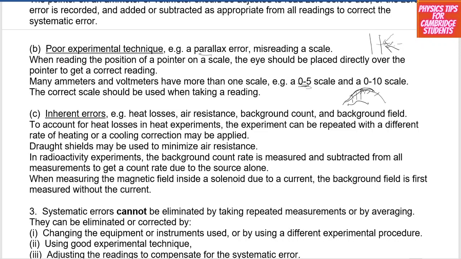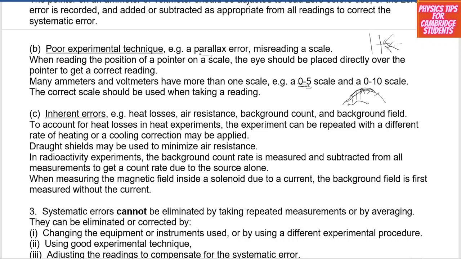So that is a systematic error. Also air resistance. You're performing an experiment where there's air resistance. That air resistance is a constant for that particular environment. That also is a systematic error. Also remember, when you're dealing with atomic physics or radioactivity, there is always that background count when you want to use the Geiger-Müller tube to find the activity.